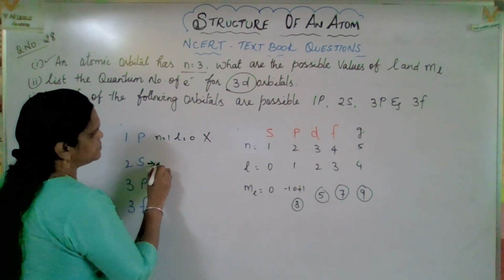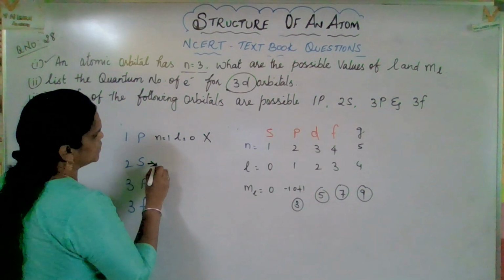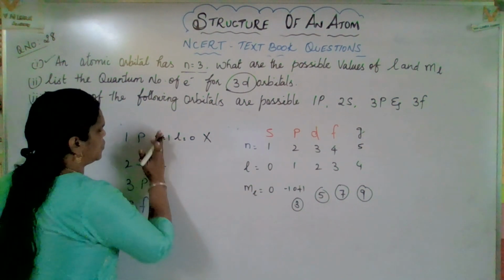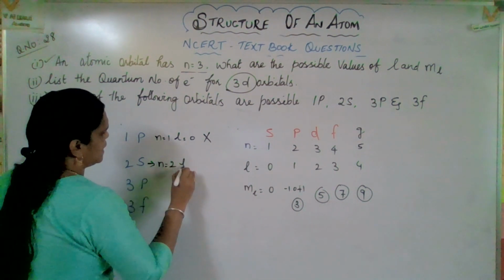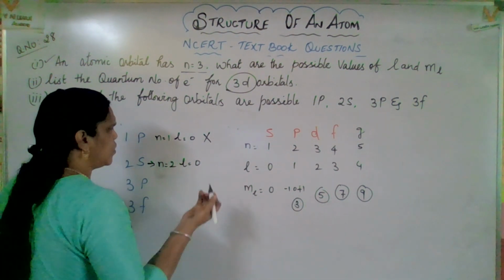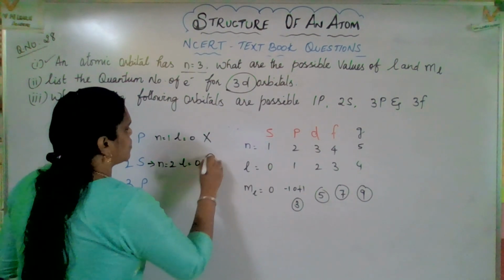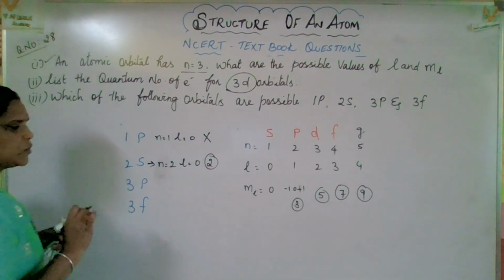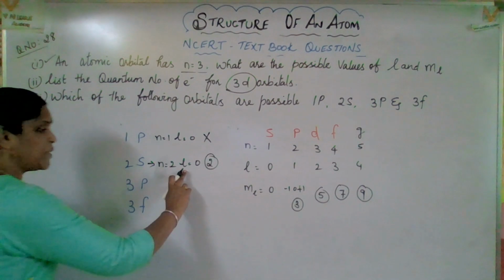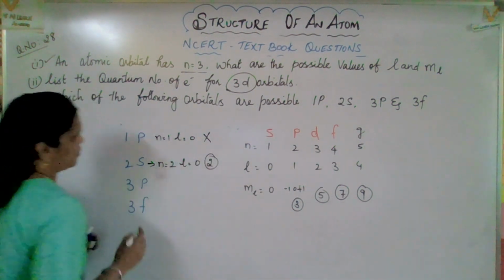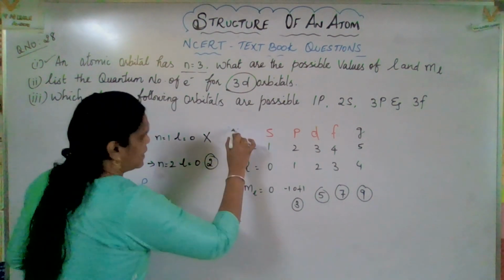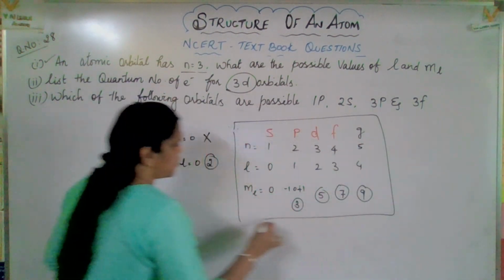See here, n equal to 2, L equal to 0. So only 2 electrons can be possible, because L equal to 0 only. See here, S orbital is 0. I hope you got a clear idea about this point.